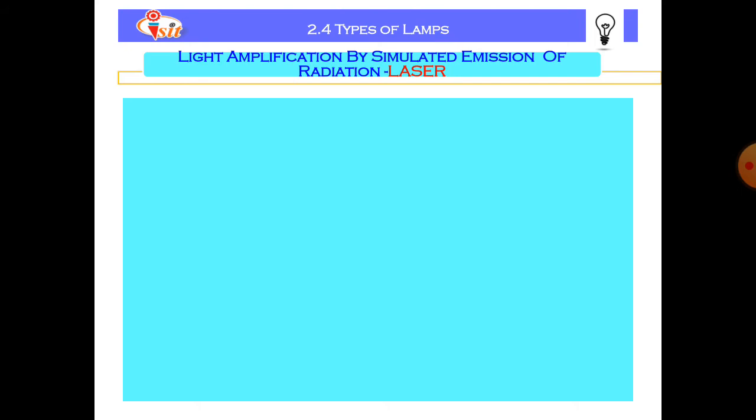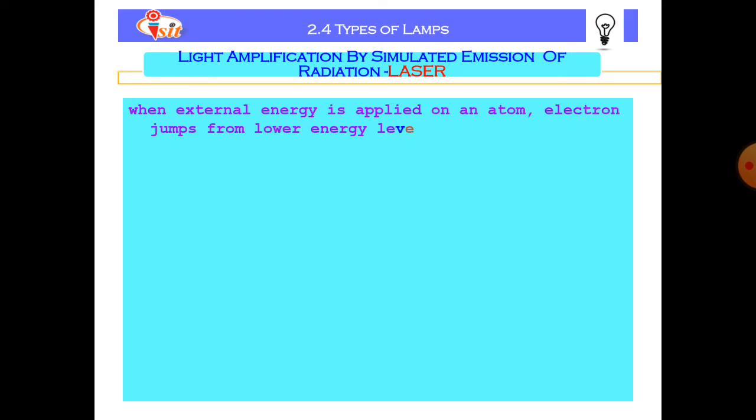So next type of lamp is laser, that is light amplification by stimulated emission of radiation. It means laser. So first of all, how does it work?